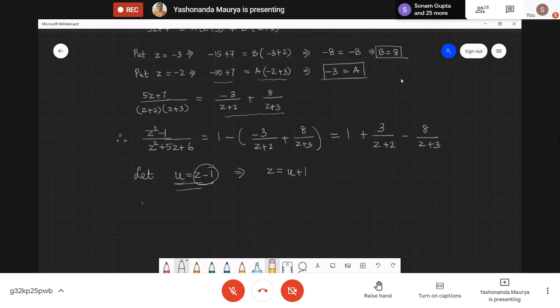Therefore my f of z can be written now in terms of u. So what is that new expression? 1 plus 3 upon, in place of z I'll write this part, so it will be u plus 3, minus 8 upon u plus 4. Is this clear?